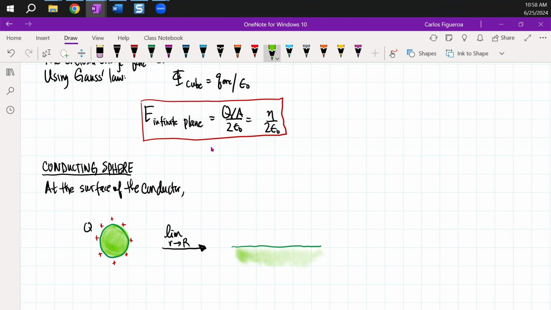And we know already that the charge is going to be all on the surface. So this is going to be inside, and I'm going to say that the electric field in this case is 0. So now I'm going to take my Gaussian again, a Gaussian cube, and I'm going to go, okay, let's do this.